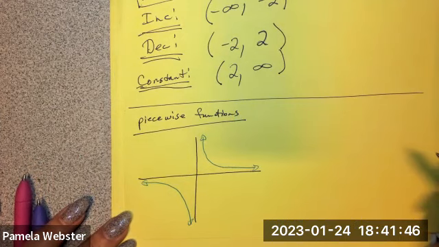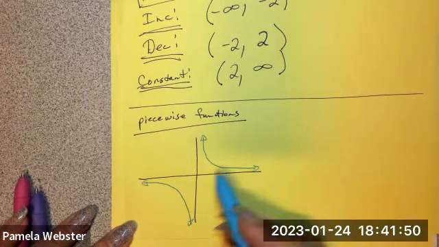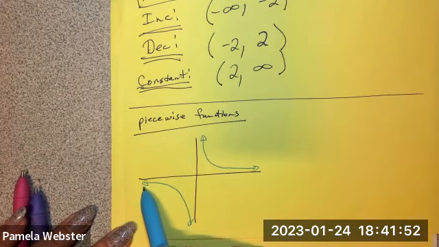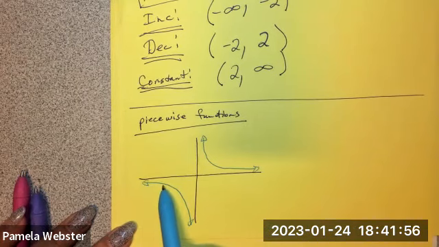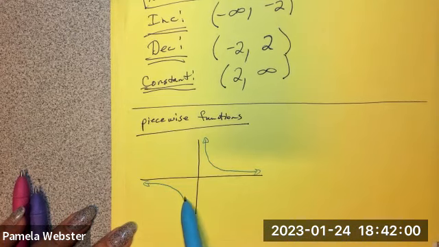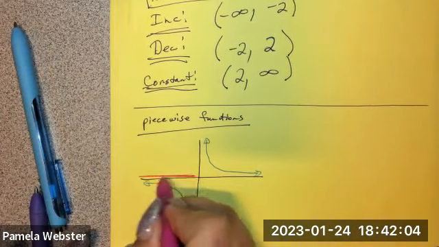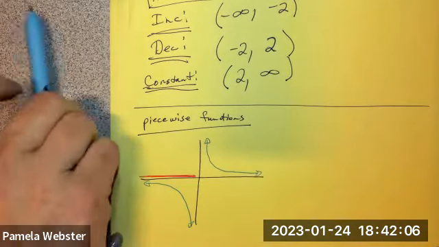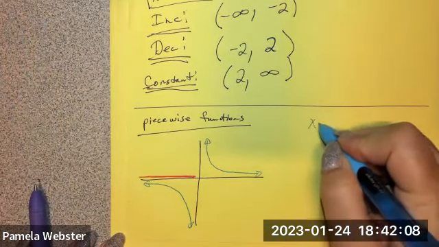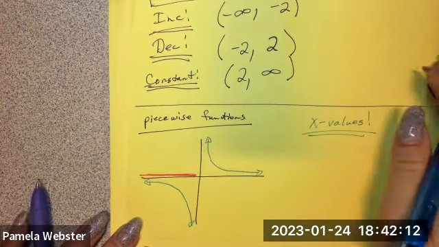So if I had something like that and I wanted to know where is it increasing or decreasing, let's look at this and be careful here. This is, if I carry it with my pen, decreasing, right? Okay, this is all going down. What's happening in the x values there? Be careful, we always do this on the x values. Okay, remember that.